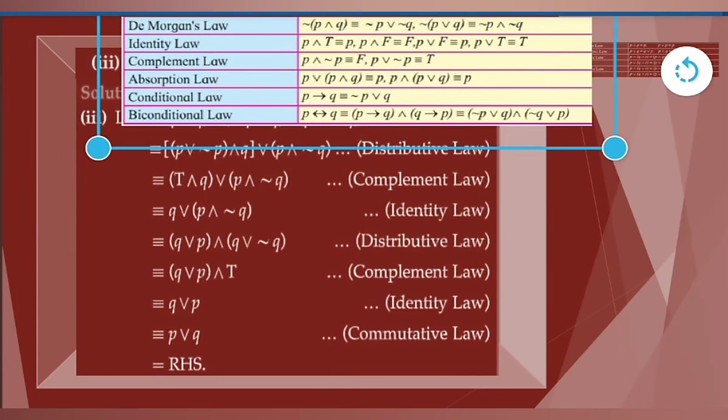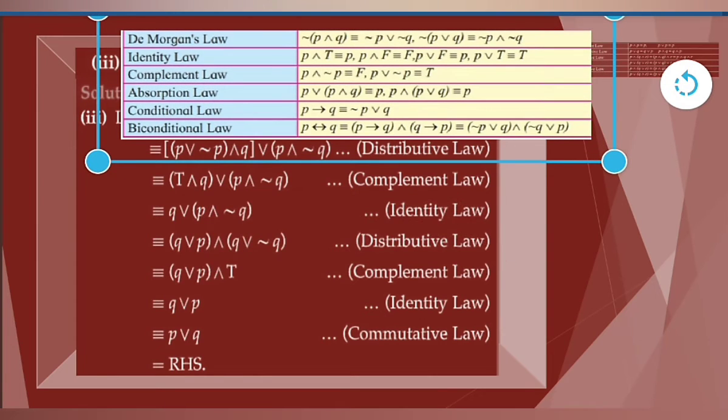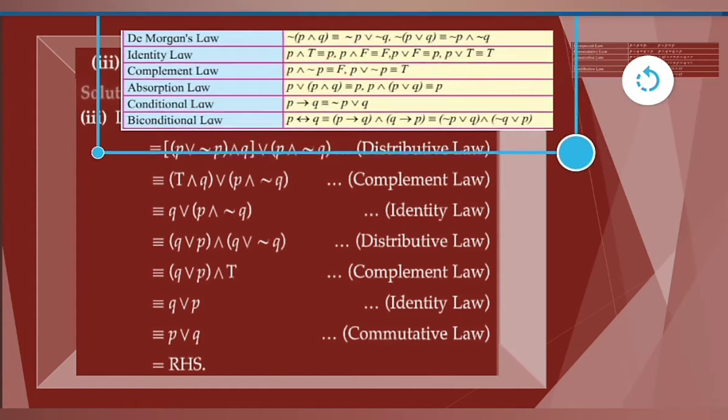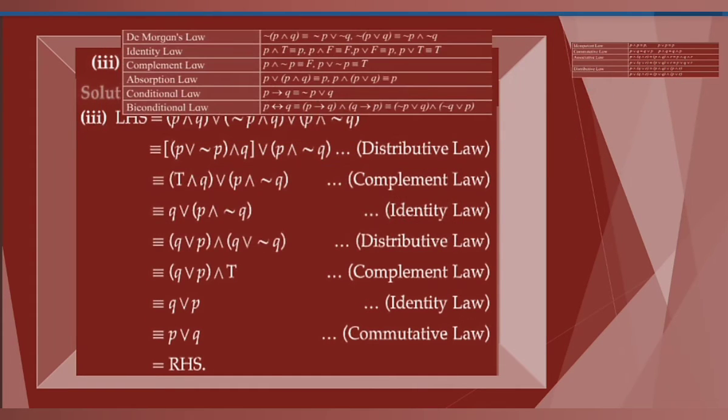Complement law means P and negation P is F, P or negation P is T. Since here P or negation P is T, and Q is written as it is, this bracket P and negation Q is written as it is.